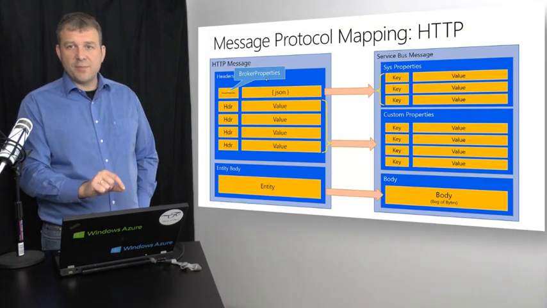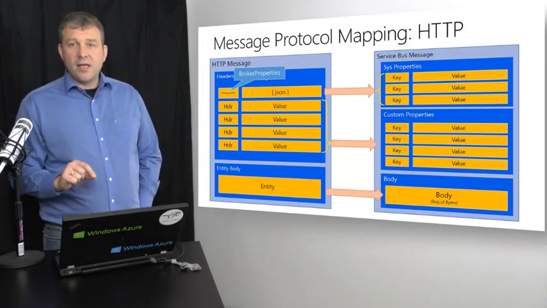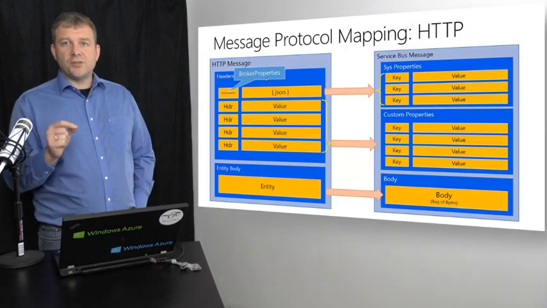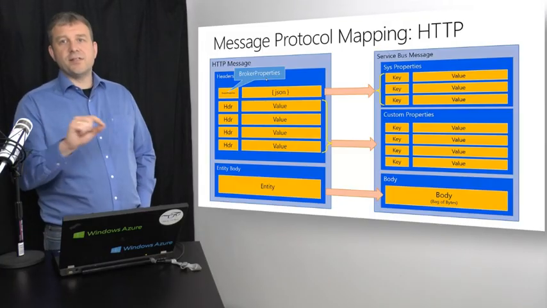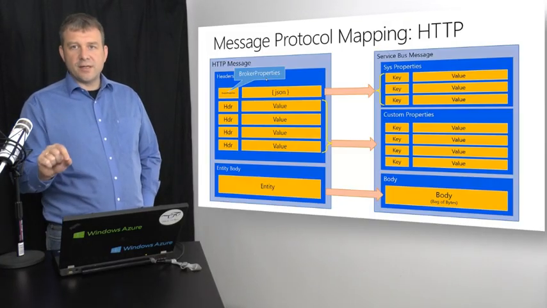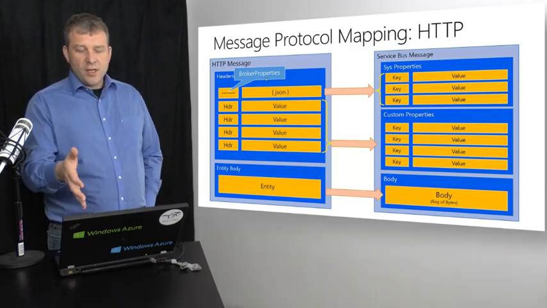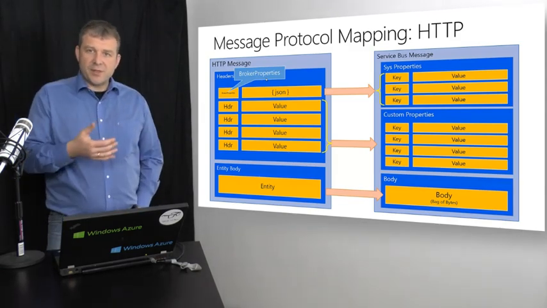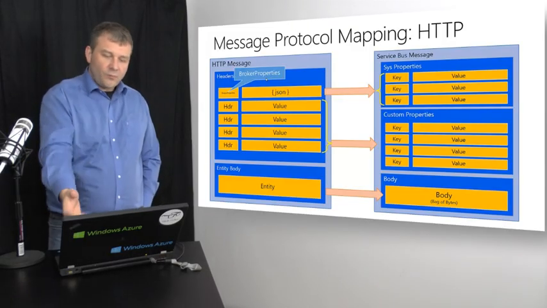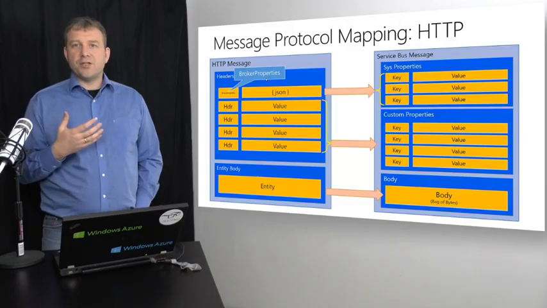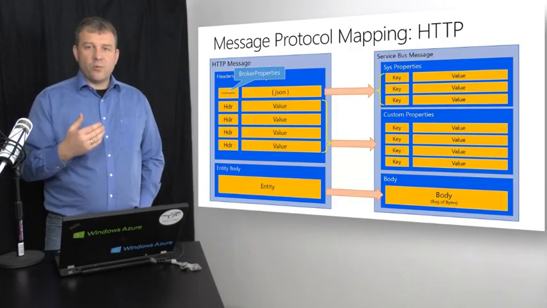And then, of course, the entity body maps straight to the entity body in the Service Bus message. And we have a special system property called content type. So the content type property maps straight to the content type. So we actually flow the content type over, and we also give that back to you. As we surface a Service Bus message up to HTTP, we do the same mapping in the reverse, which means we take the custom properties, we map them into HTTP headers that we return to you, and then we also give the body back.